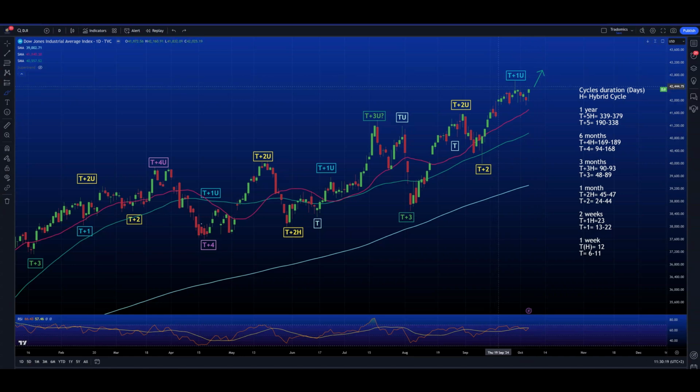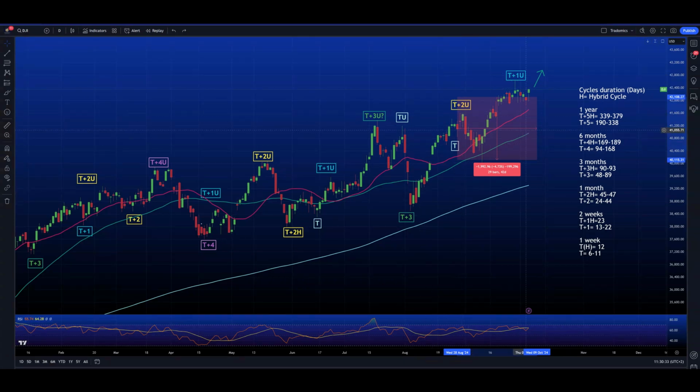Expecting the closing of a T+2, and when we eventually have the closing of the T+2, potentially next week, you need also to bear in mind that the T+2 will be completed, but also the T+3 will be completed.